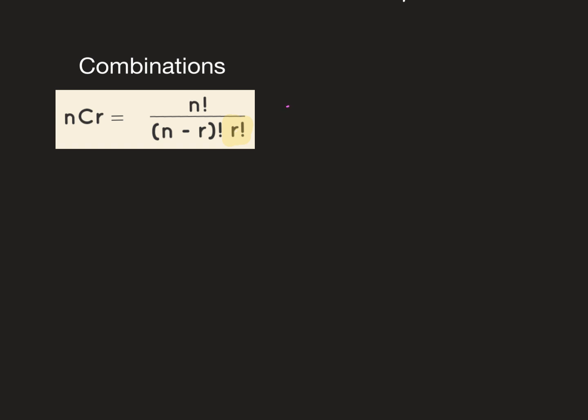We had 3 ladies, and this time we're writing C for combinations, and there were also 3 places. So this ends up being factorial 3 over 3 take away 3 factorial, and the addition of the r, which was 3 placings.